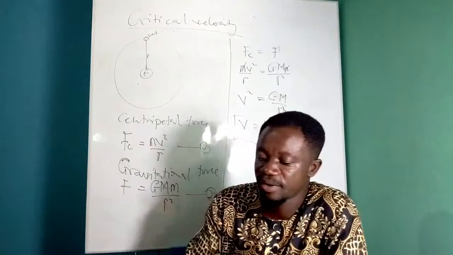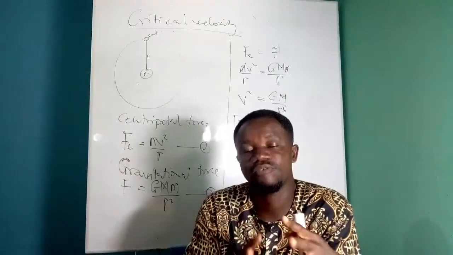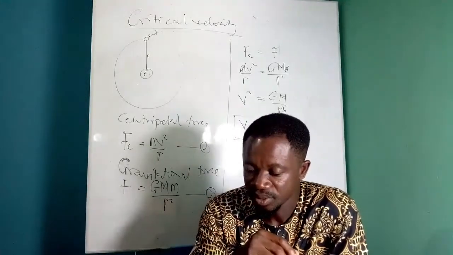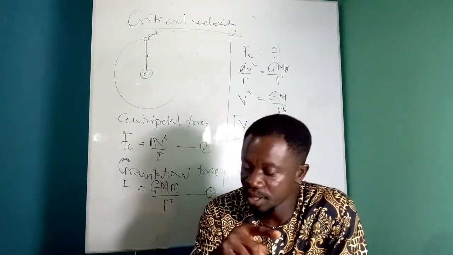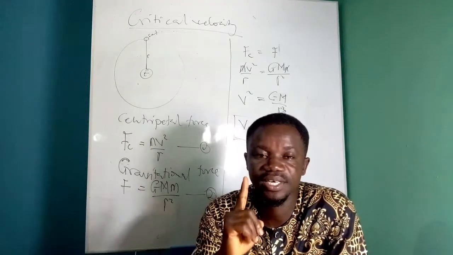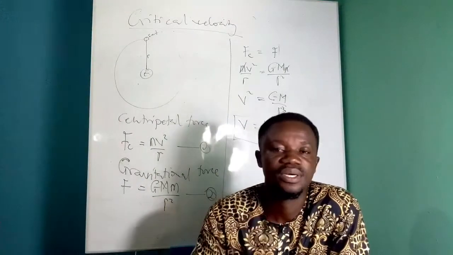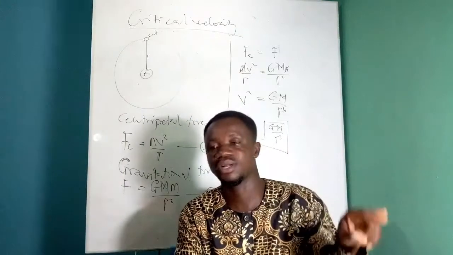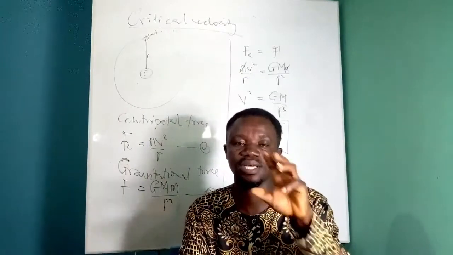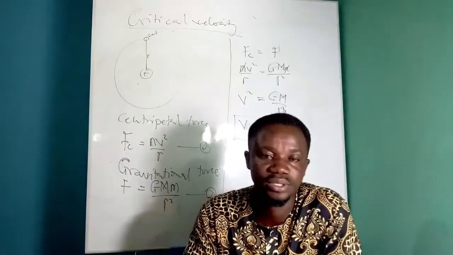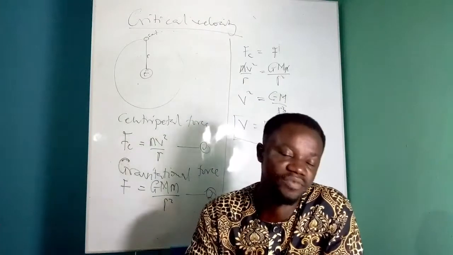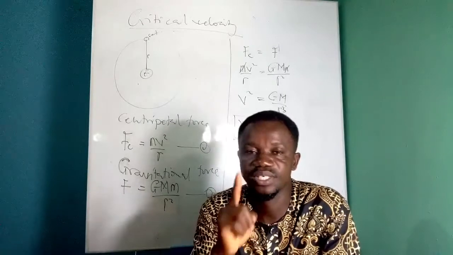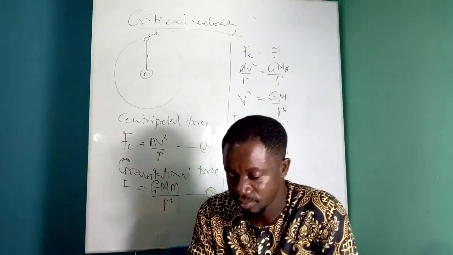Kepler's first law is also called the law of orbit. This law states that every planet revolves around the sun with the sun at one focus. What this means is that all the planets undergo circular motion around the sun and the sun is stationary at one point. That is Kepler's first law: all the planets revolve around the sun with the sun at one focus.